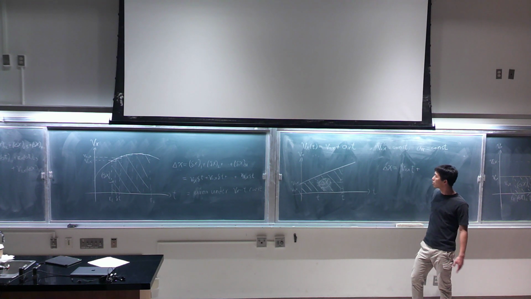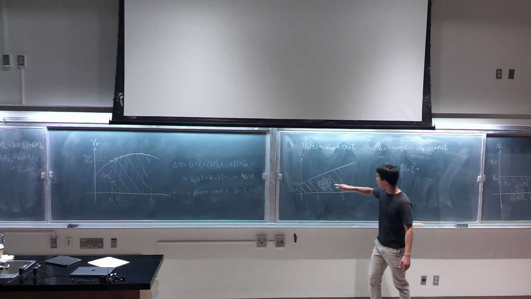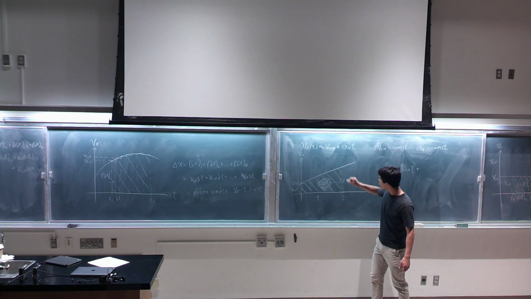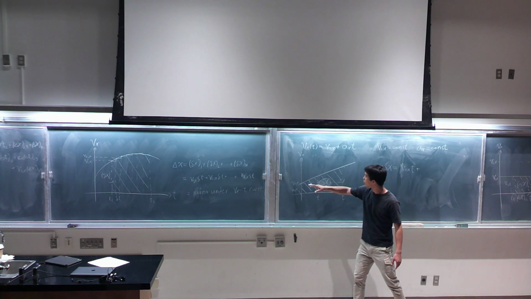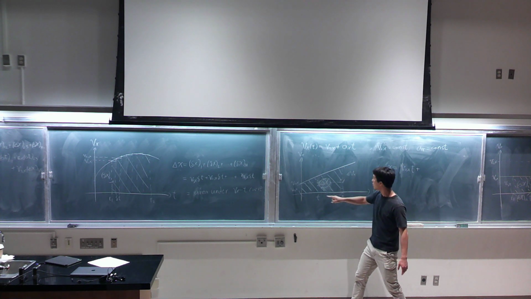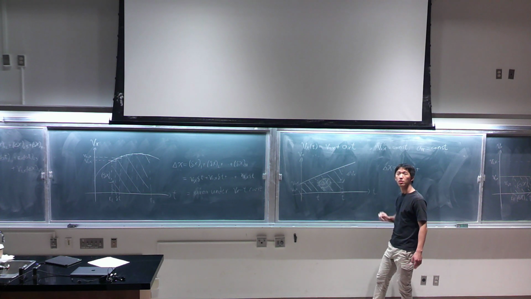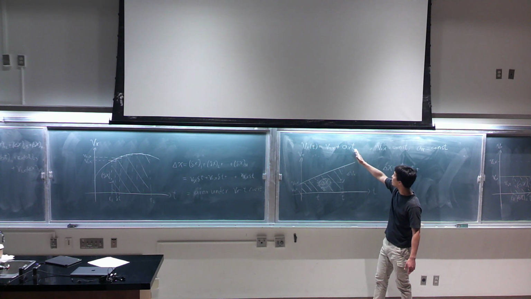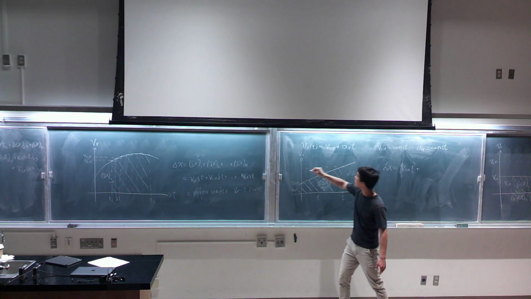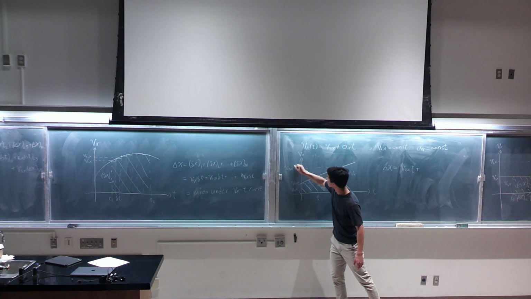For the triangle, the length here is also t, and here is how much the velocity had increased from t equals 0 to t equals t. If you look at this equation, it tells you that the x velocity should go like v naught x plus axt.